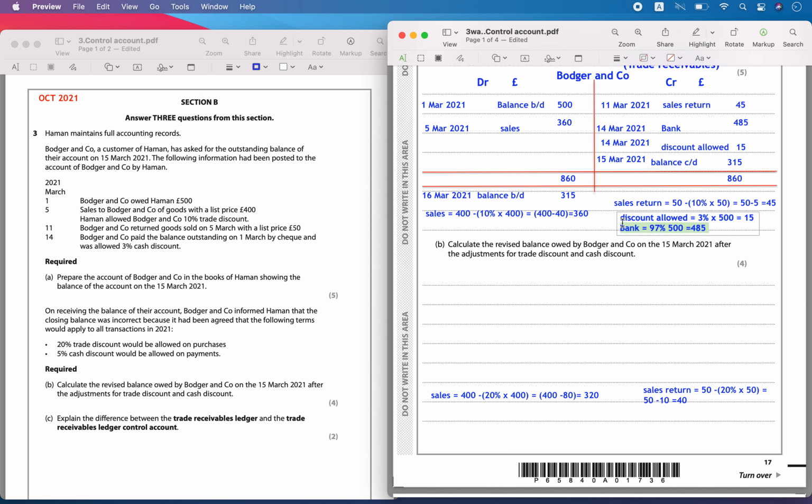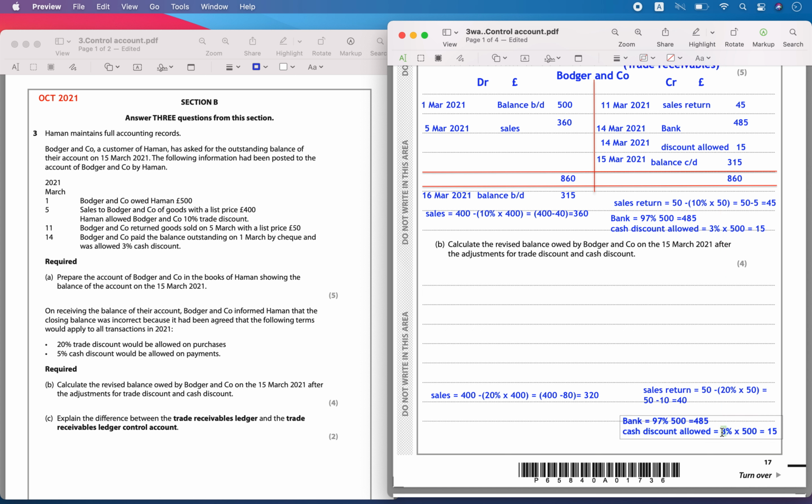Now let's calculate for the bank and the discount allowed. Because it has been revised, the cash discount allowed was not at 3%, now it is at 5%.